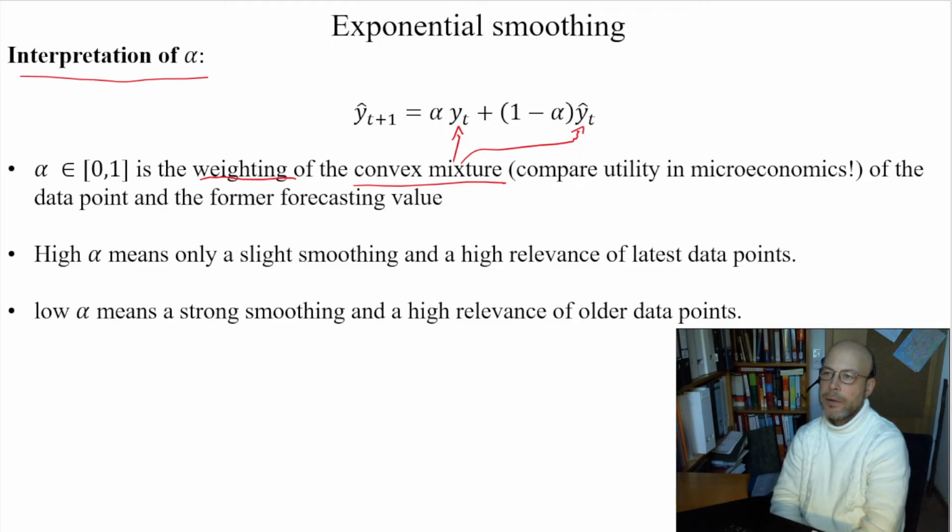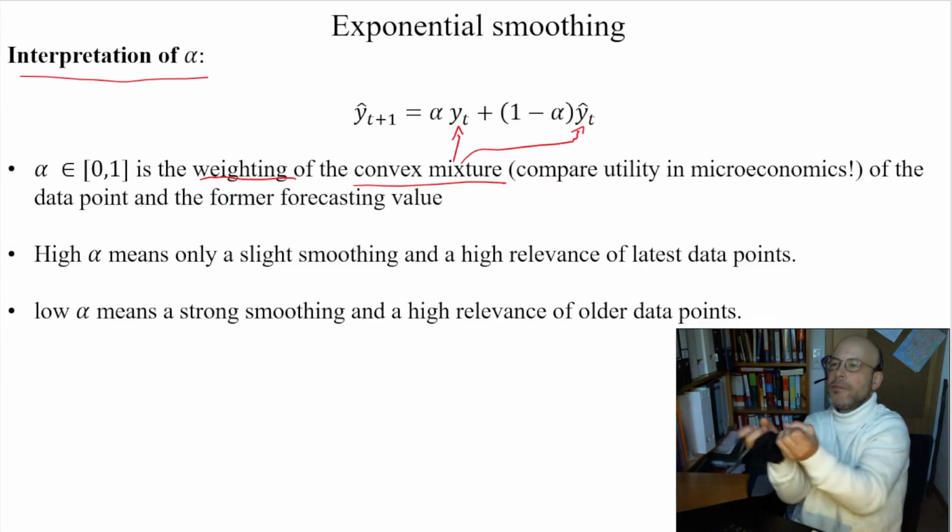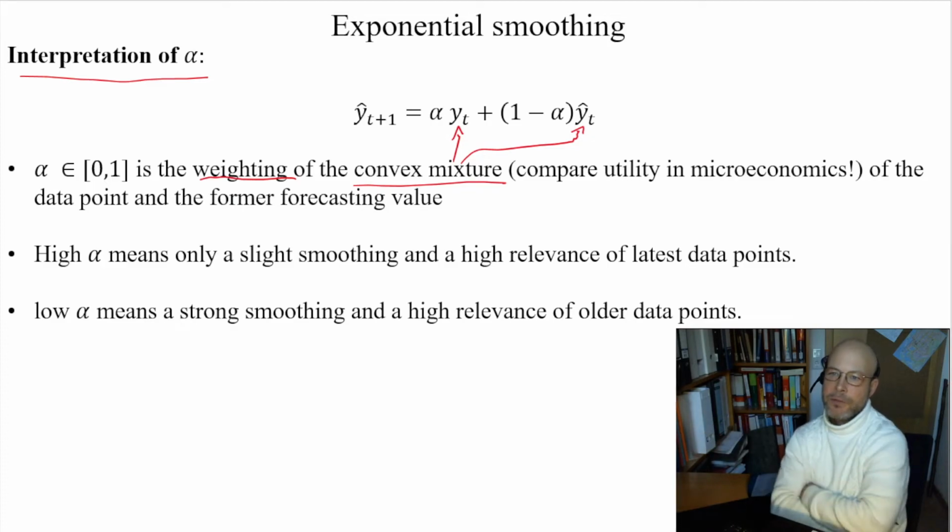When you are introduced to microeconomics, in your utility theory and convex preferences, we also talk about a convex mixture of the amounts of two goods.